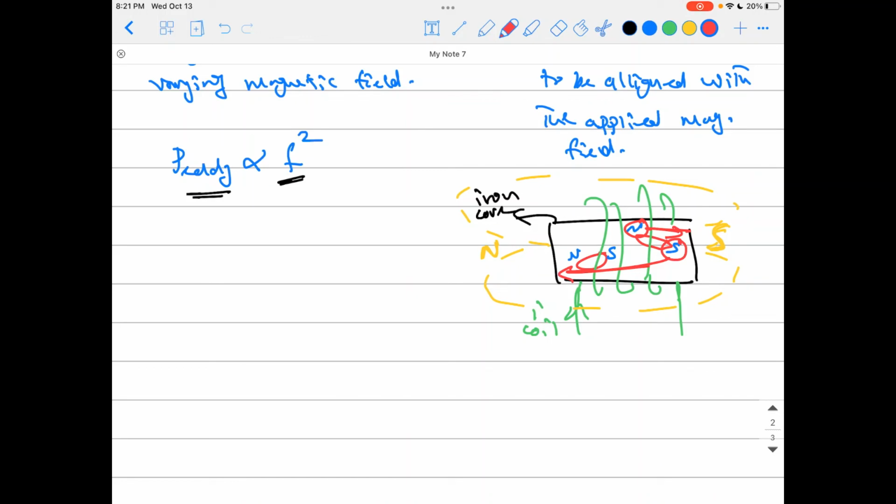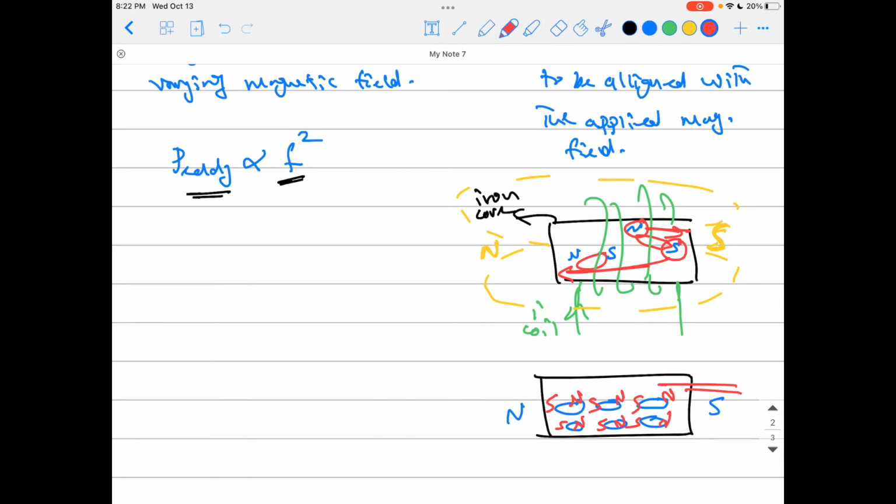So they will be trying to align themselves like this, all aligned with the external field. You will find all here will be S's, and all those will be norths. Okay, guys? So you are aligned with the magnetic field coming from outside.